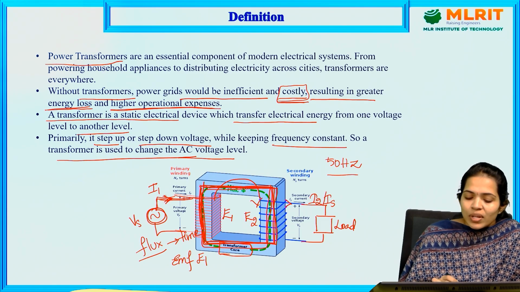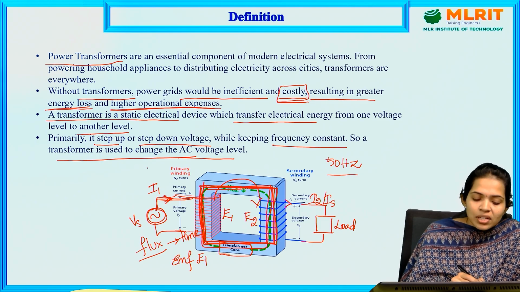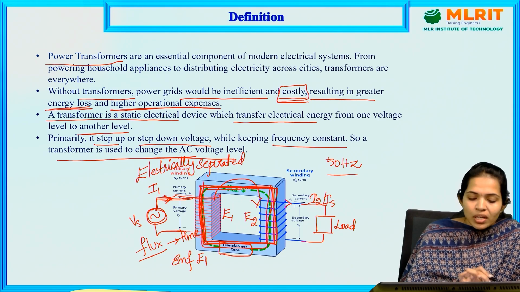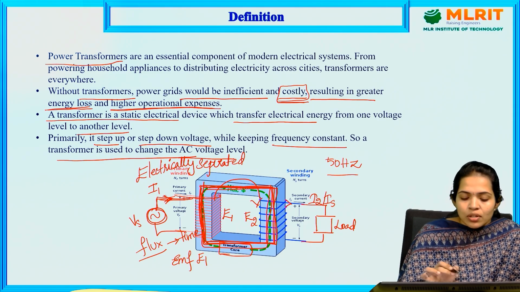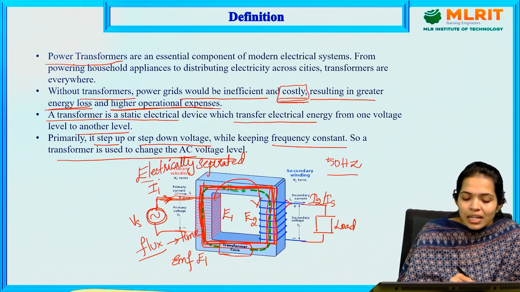So with this we can say that the electrical systems or the windings are electrically separated but magnetically they are coupled. So when we are using the term magnetically coupled, it means these two windings are wound on the same magnetic core. So that's why we are using the term magnetically coupled but electrically separated.